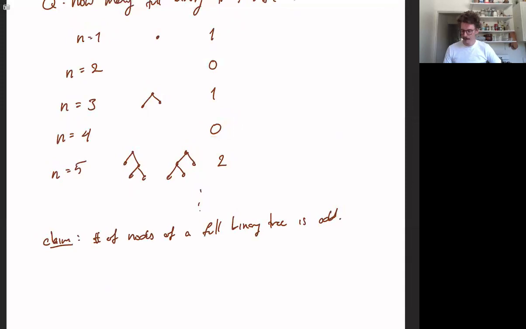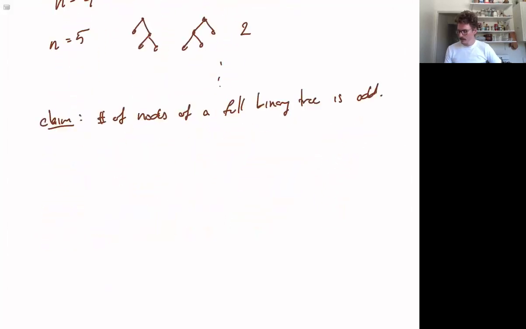So let's try and prove it. As you may have guessed, we will try to prove it by structural induction. And it's a pretty simple proof. Or at least let me say it's quite similar to the one that we just did.